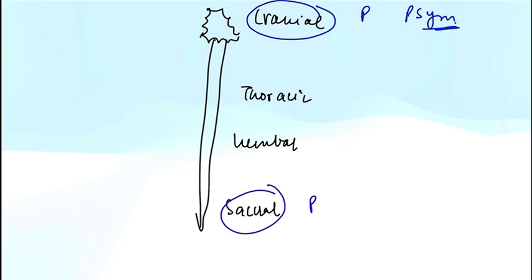How can you remember that? P and P. But for the central, that is thoracic and lumbar, the sympathetic system originates from them. You don't need to learn the root values of these. Other than that, the parasympathetic system will in the end release acetylcholine, and the sympathetic, as you very well know, will release adrenaline or noradrenaline.